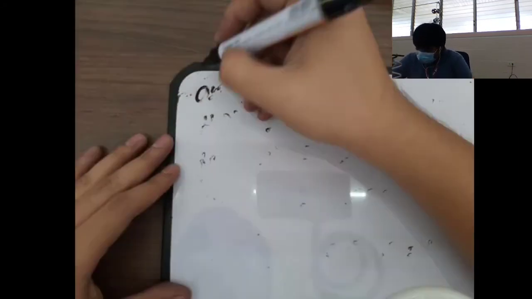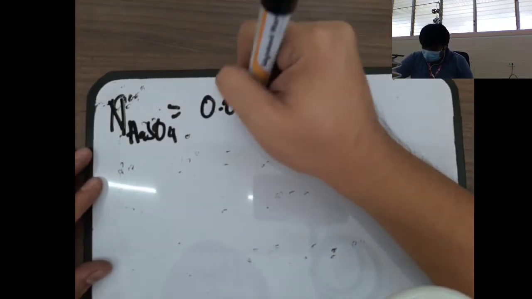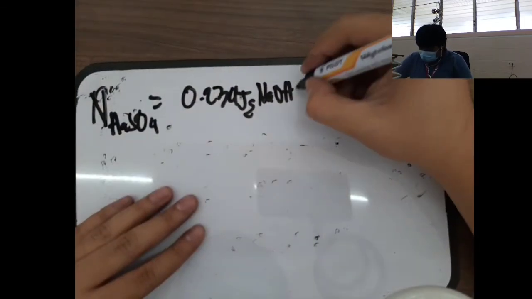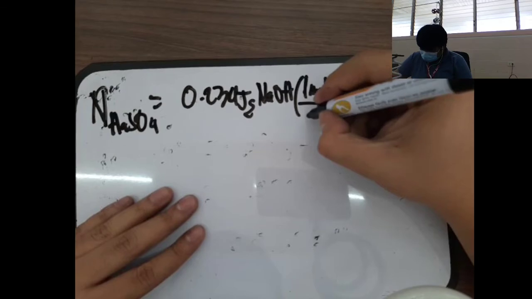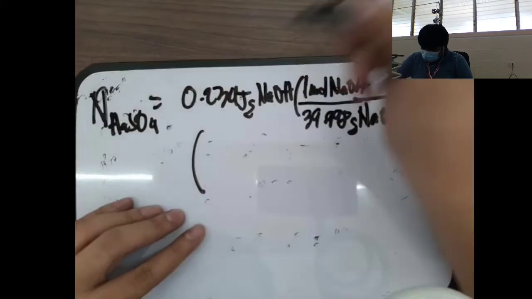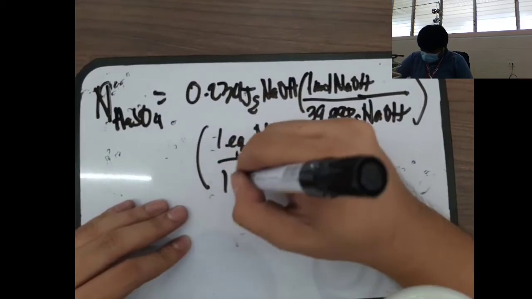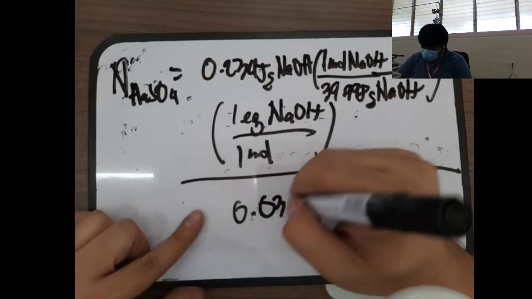This is equal to 0.2345 grams of your sodium hydroxide multiplied by one equivalence per 1 mole, all over 0.0343 liters.